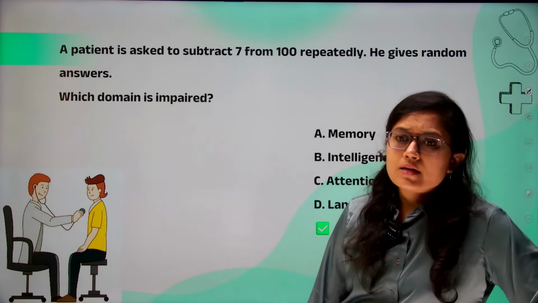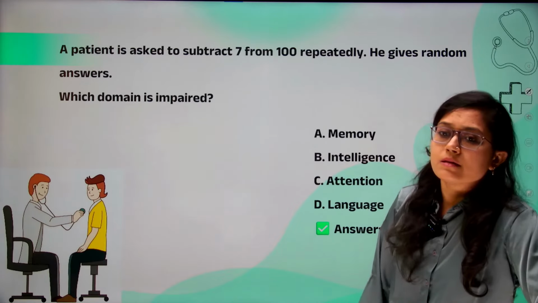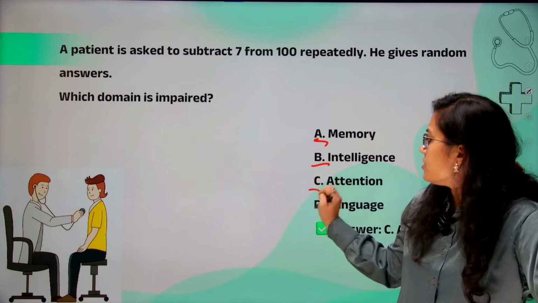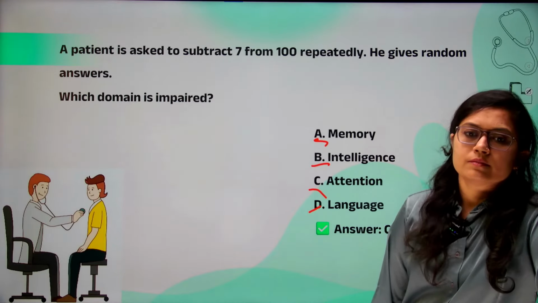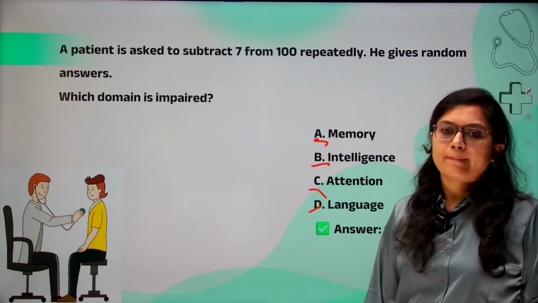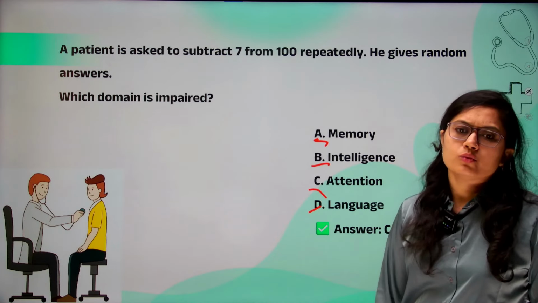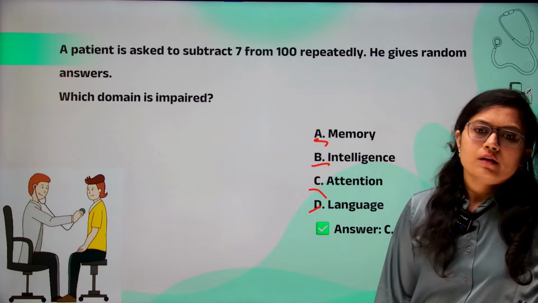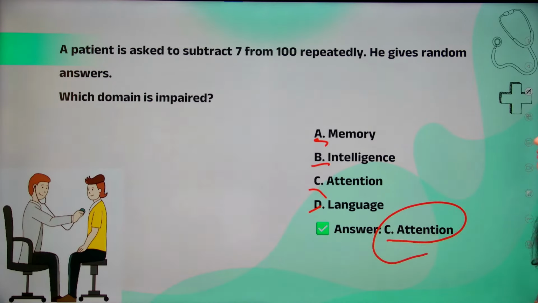Next question. A patient is asked to subtract 7 from 100 repeatedly. He gives random answers. Which domain is impaired? Whether it is memory, intelligence, attention, or language. The correct answer is C, that is attention.